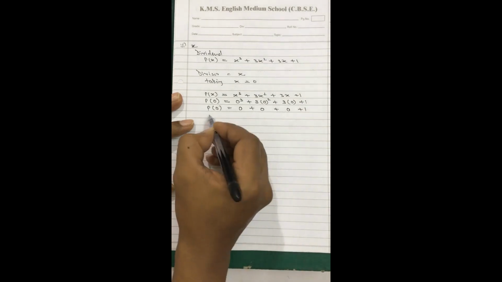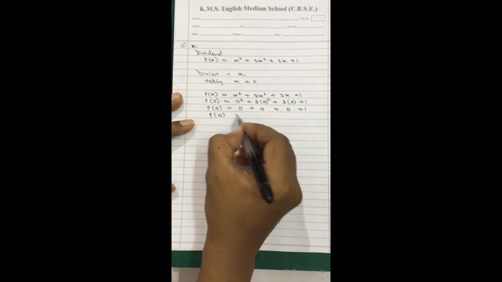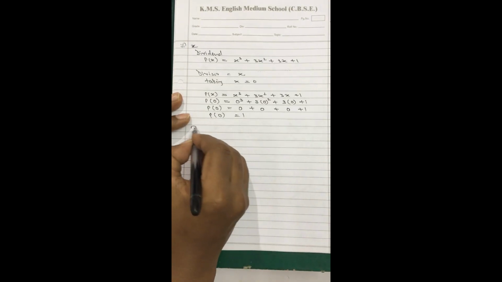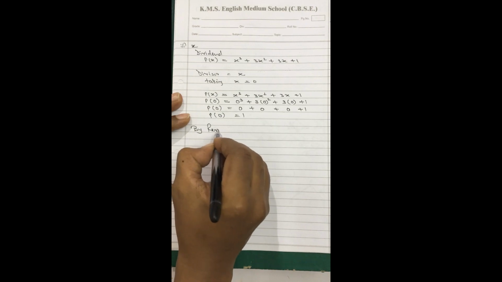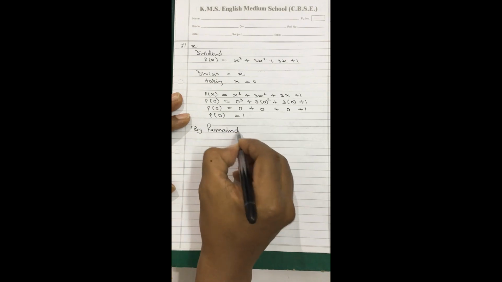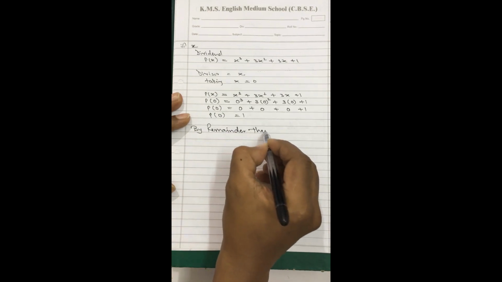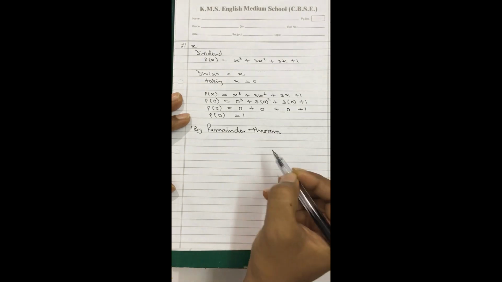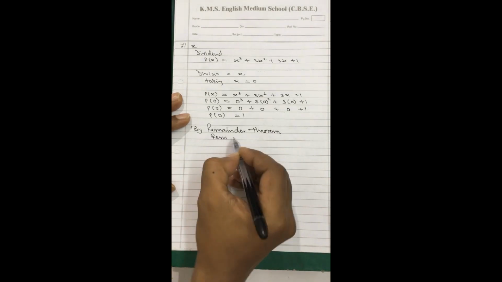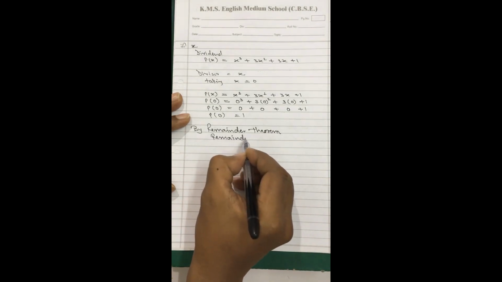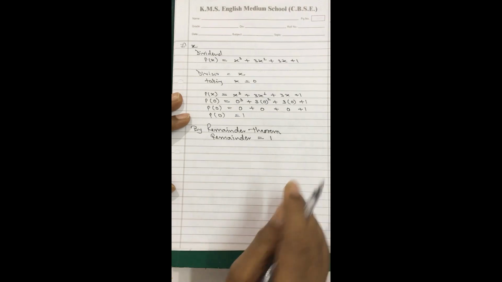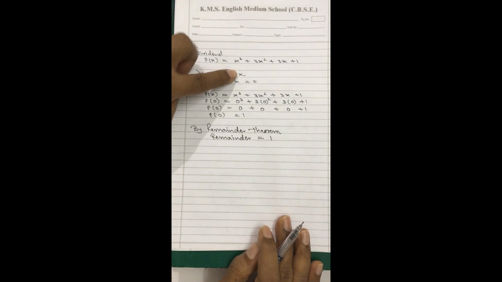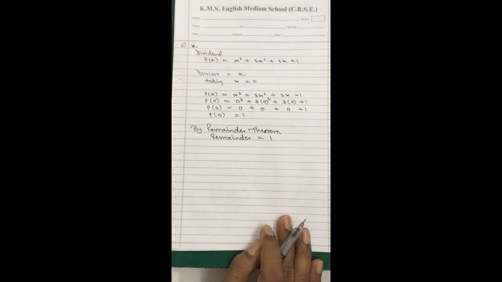The remainder will be p of 0 is equal to 1 by remainder theorem, is equal to 1. So in this case x is not a factor of this polynomial.